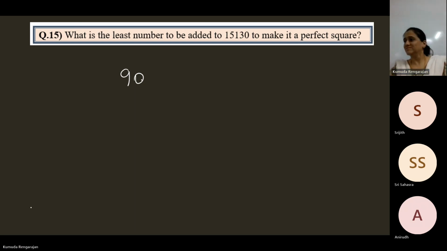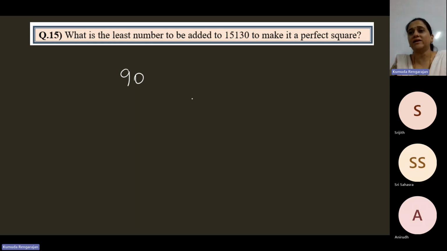Very good. 10, because 9 into 9 is 81 and 10 into 10 is 100. What's the number here? 90. We are adding, so you'll have to make it bigger. You cannot come down to 81.